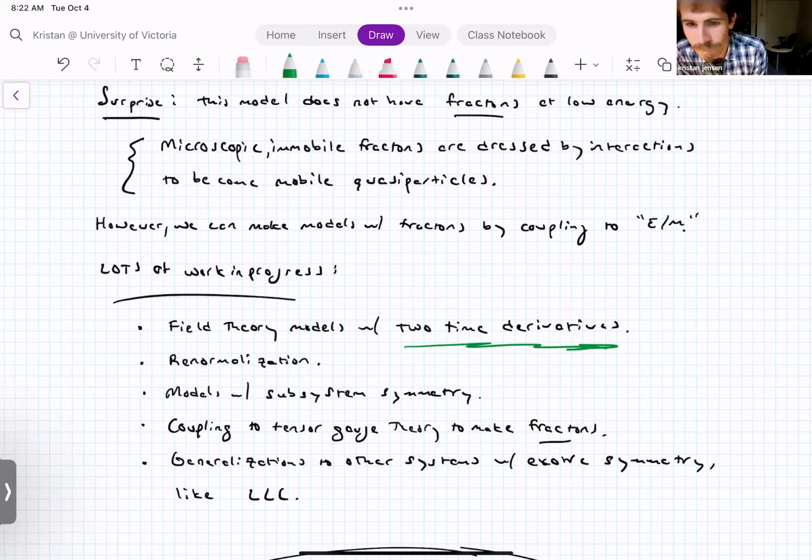For instance, what we found when studying the two-time derivative models is that you can dimensionally regularize these models, but the basic question you have whenever you regulate anything is, does it preserve the symmetries that you want to maintain? In gauge theories, we've known the answer since forever. In this context, dim-reg actually breaks the dipole symmetry.